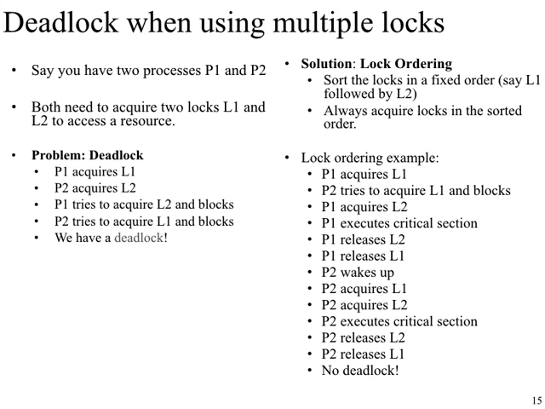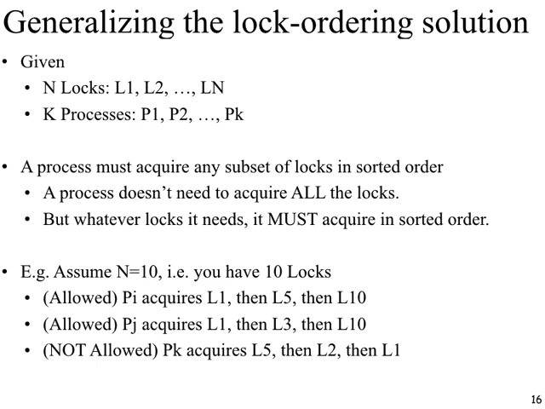The very simple rule we followed was that both processes had to acquire L1 before they tried to acquire L2. Now this is just a solution with two processes and two locks, but you can very easily extend this solution to multiple locks. So when we generalize the lock ordering solution to multiple locks, you may have n locks L1 through Ln and k processes P1 through Pk.